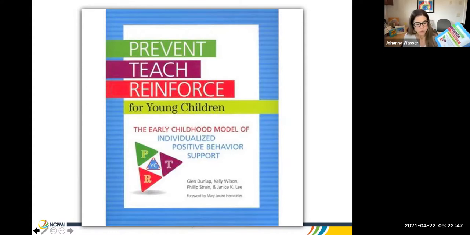And we worked with preschools around PTR-YC. And then also we had a control group with business as usual. So they can use the pyramid model, 3A, 3B if they wanted to. They could use basically anything they wanted to, except for using the manual. And what we found was extraordinary.